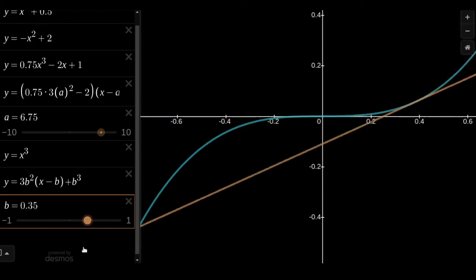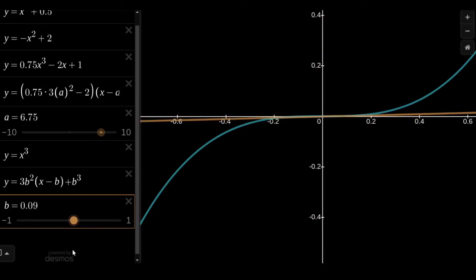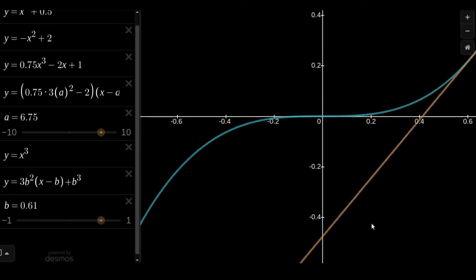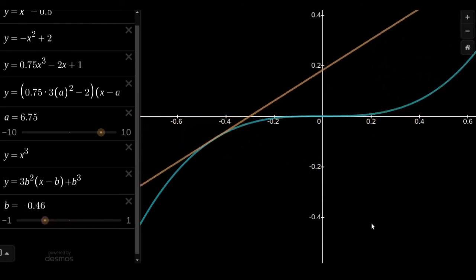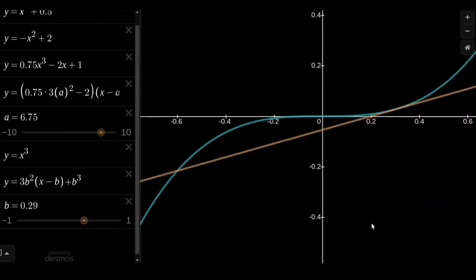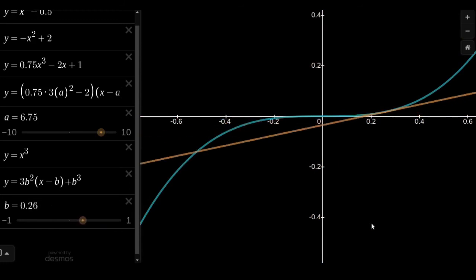Not local, not global. So sometimes, and this is where the slight distinctions are that I think maybe make this a bit tricky for folks, sometimes you can have points where you have 0 derivatives that are not maximums or minimums of a local or global variety, but when you do have a derivative and you do have a local maximum or minimum, then that derivative has to be 0.